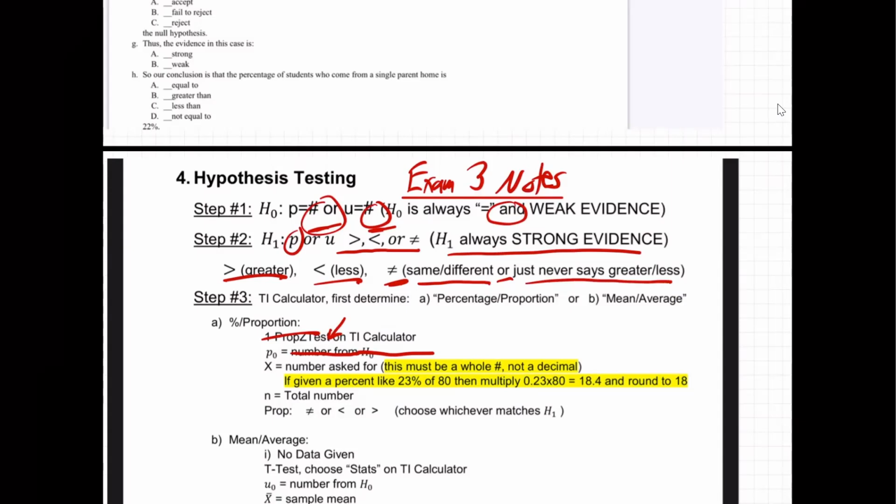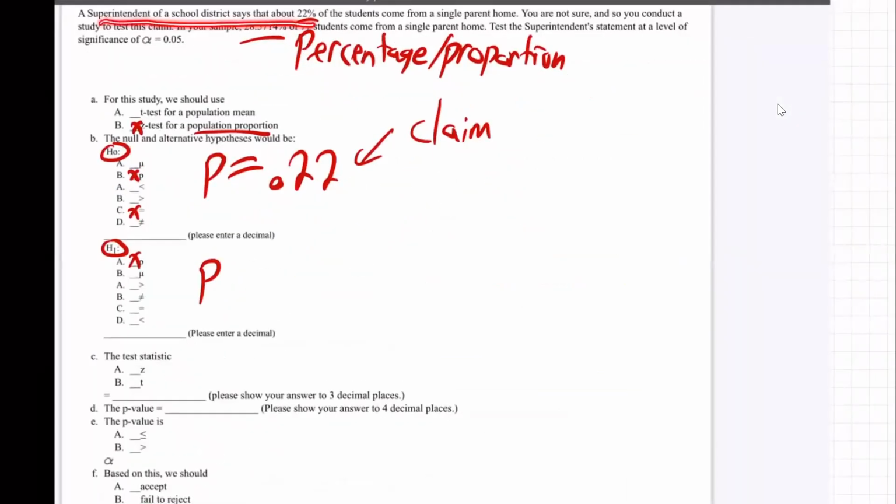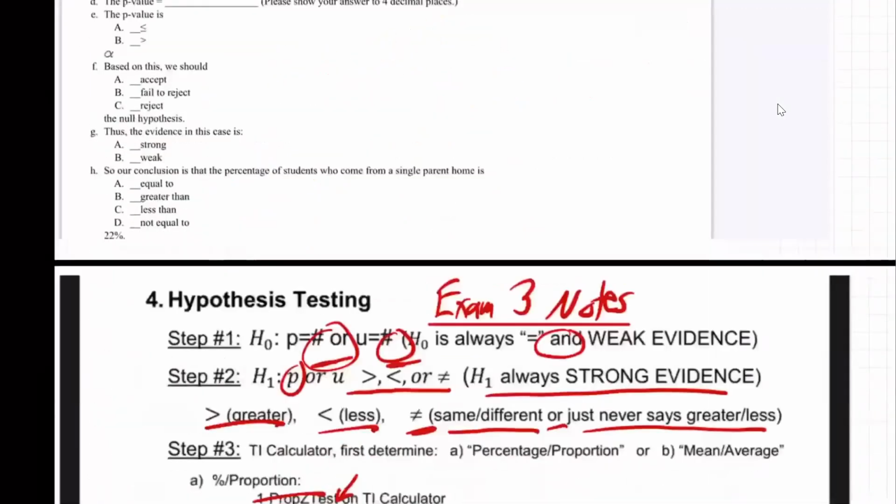Now, in other words, the question is, does it say greater anywhere or less or words that mean the same thing, like bigger? This would be like smaller. Does it say that anywhere? No. You read it says 22%. You're not sure. Nowhere does it say we think it's bigger. We think it's smaller. It doesn't ever say that. So that's right here.